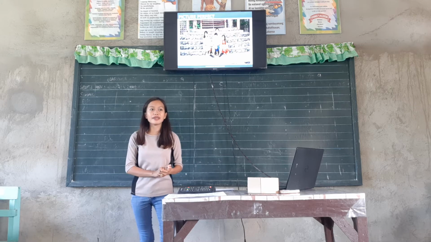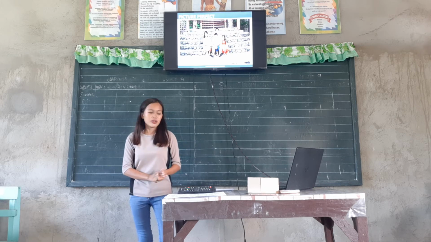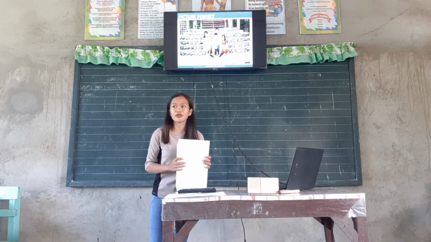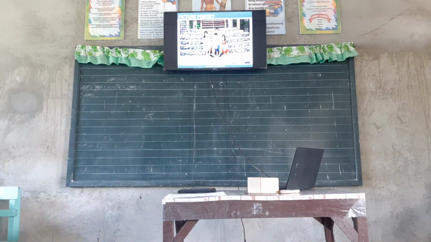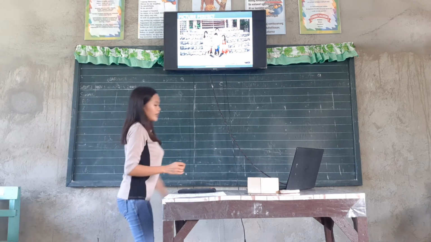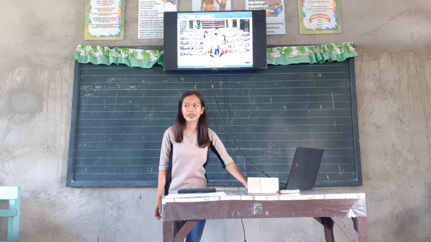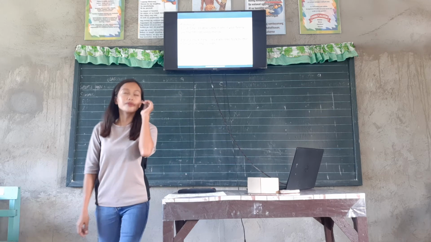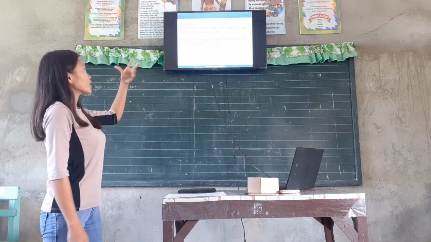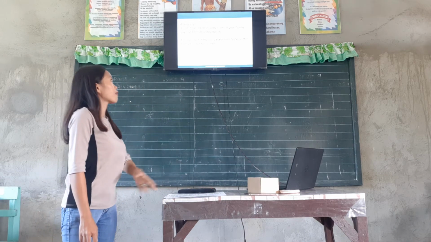Okay, again, let us have your picture. Are you ready? Please get your ball pen. Now I will distribute to you your answer sheet. Okay. So this is the procedure. First, list down all observable traits in your family.